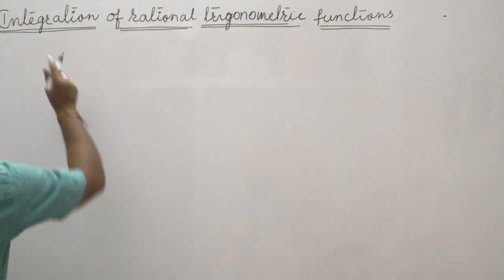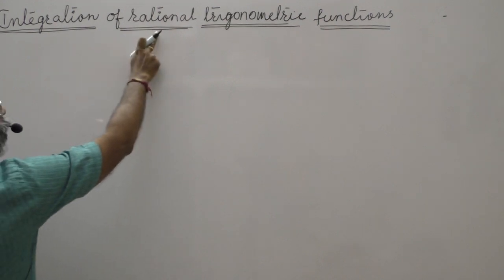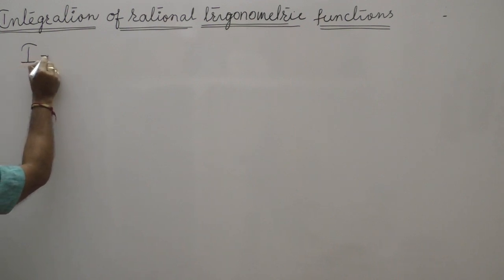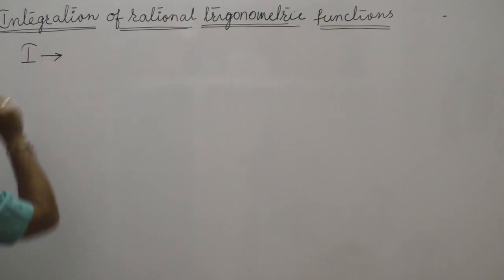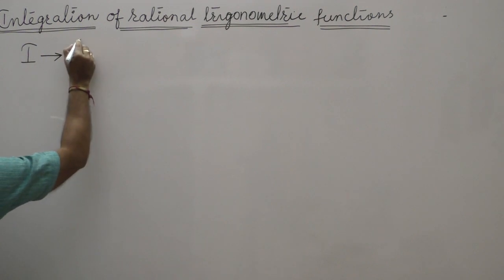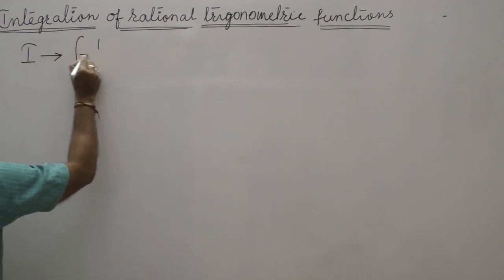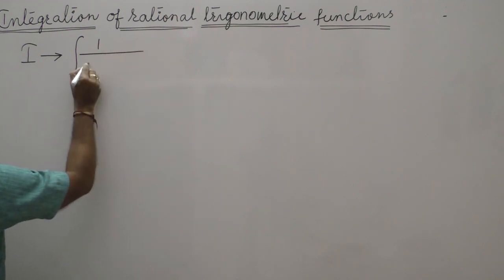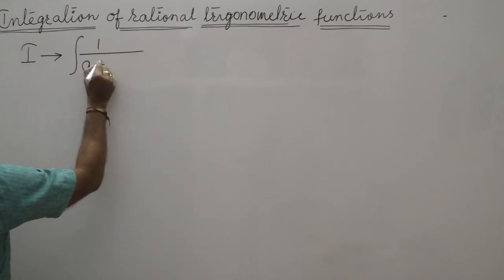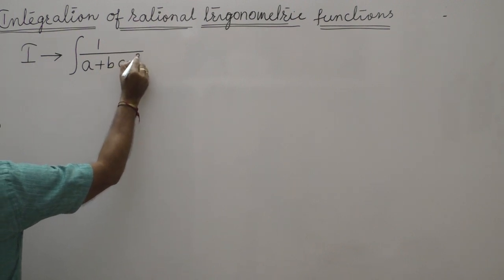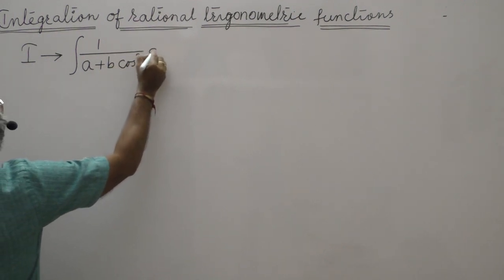So let us see integration of rational trigonometric functions. In this there are four types. Type 1 is, what is type 1? For the integrals of the type 1 divided by a plus b cos square x into dx.